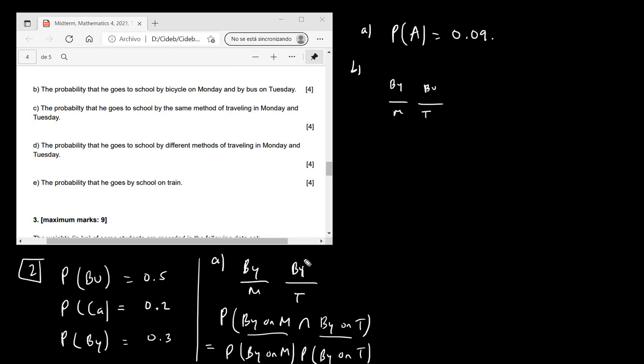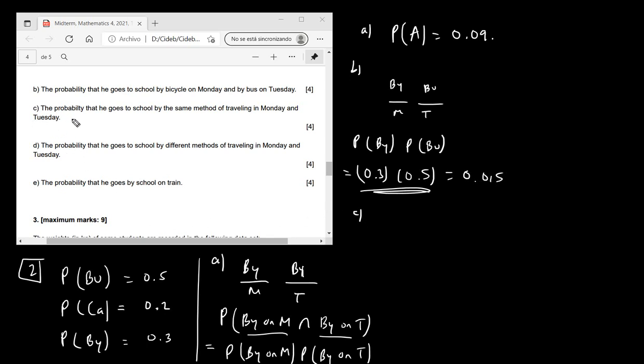Well, it's similar to the one before, only this time it's bicycle and then bus. So this is the probability of going by bicycle times the probability of going by bus, 0.3 times 0.5. That's the result. Okay, this is it. How much is this? It's 0.015, right?